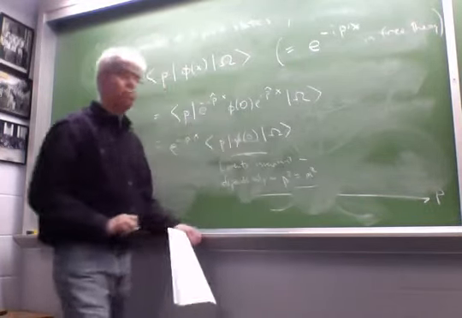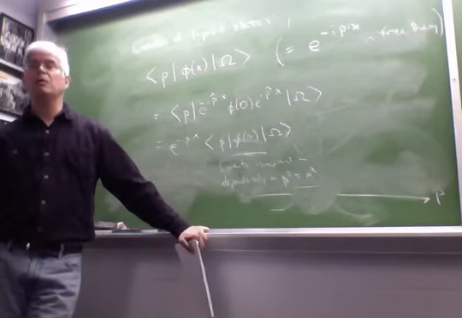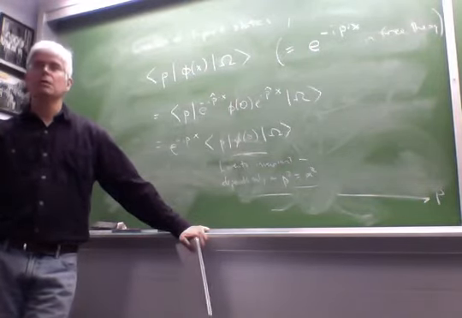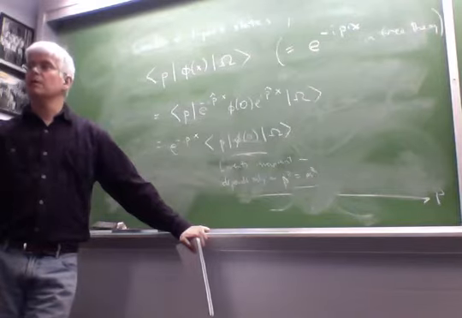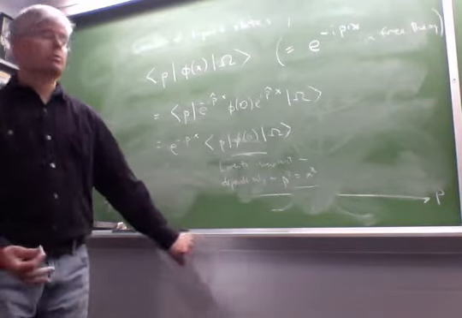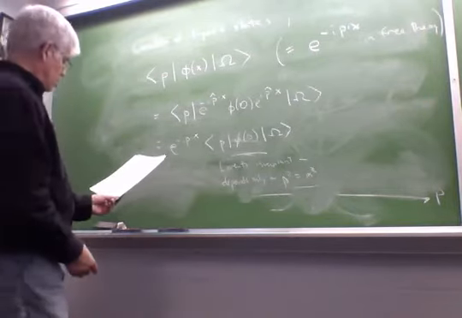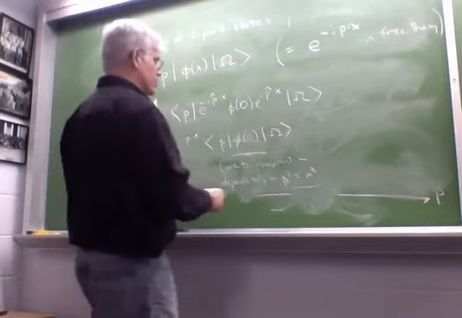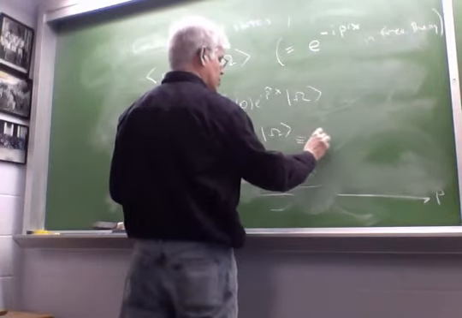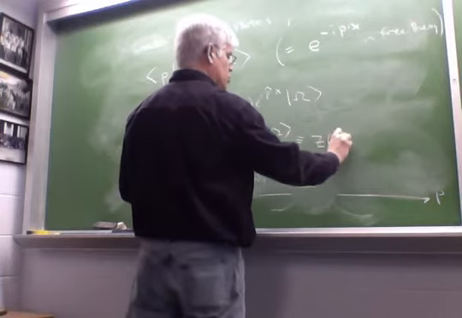So actually it doesn't depend on the momentum at all. It only depends on the mass and the coupling constants, the parameters in the Lagrangian. So it's just some number, call it z of m squared and lambda.